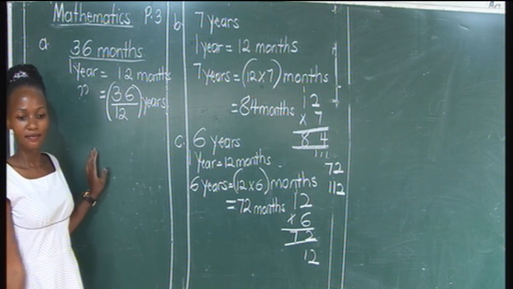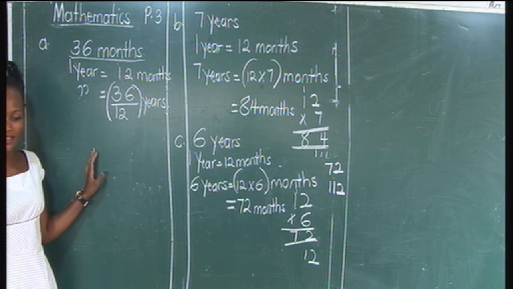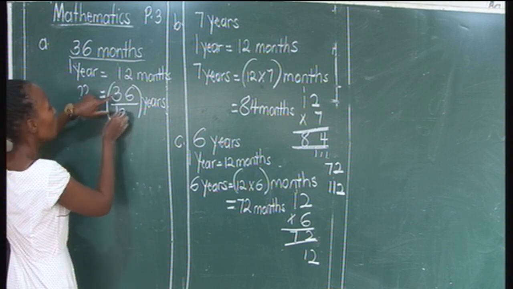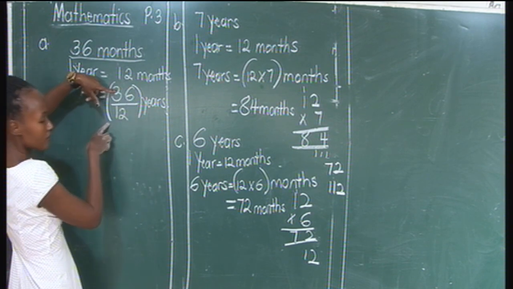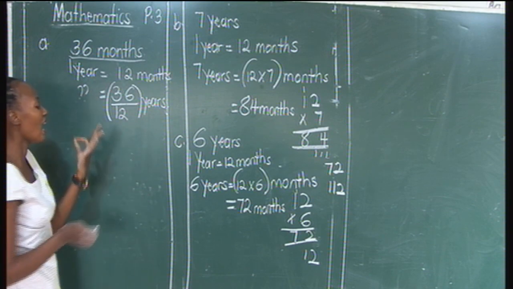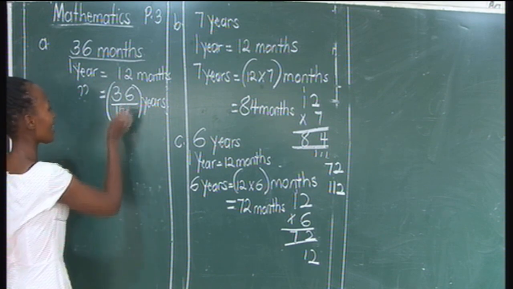Yes? Anna, are you giving me? Okay. Now here we shall have this 12 going into this 36. You have 12 three times to make 36.